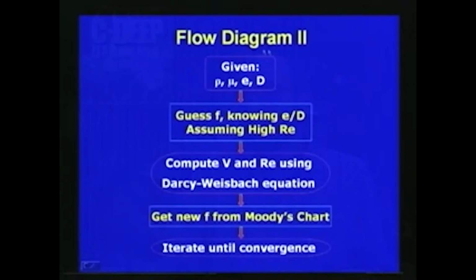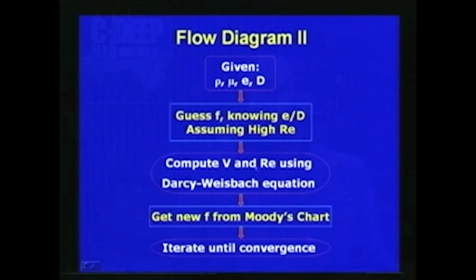It is represented in a flow chart like this. Given rho, mu, e and D, we assume f, and knowing e by D, we get the Reynolds number and compute the velocity V, and using Re we go to the Darcy-Weisbach equation.